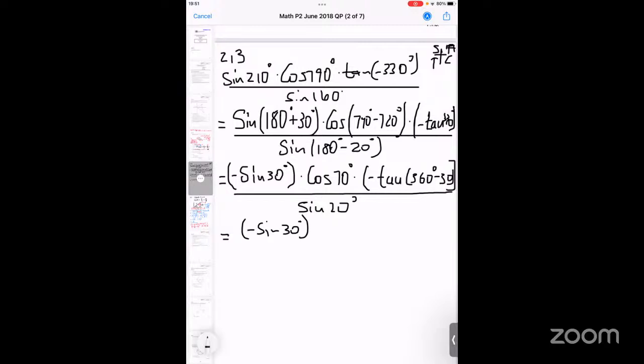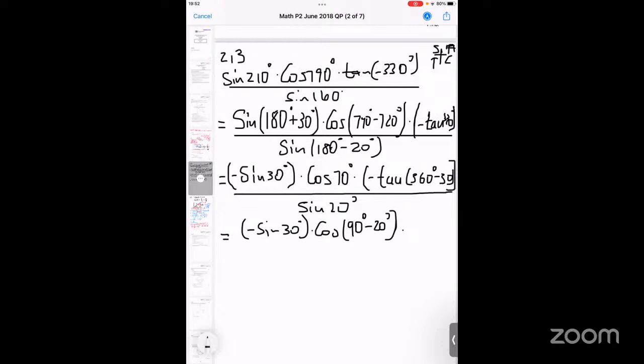Now, since we have angle 70, we can simplify cos further by saying cos of 90 minus 20. For tan, we know 360 minus 30 falls in the fourth quadrant, and tan in the fourth quadrant is negative.